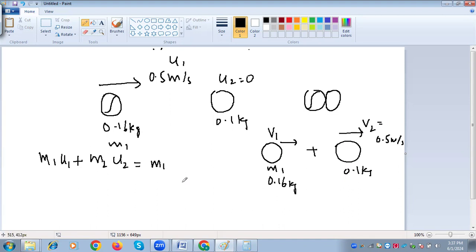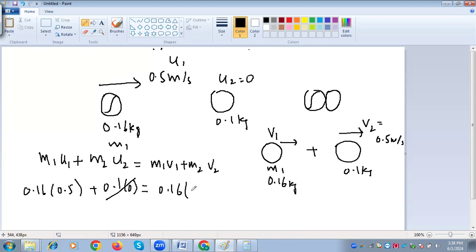Here the masses are not added up because they don't stick together. They don't move like a single body. So M1V1 plus M2V2. So 0.16 into 0.5, and this is 0.1 into 0, so that will not be there in the equation, equals 0.16 and V1. V1 is to be found out.